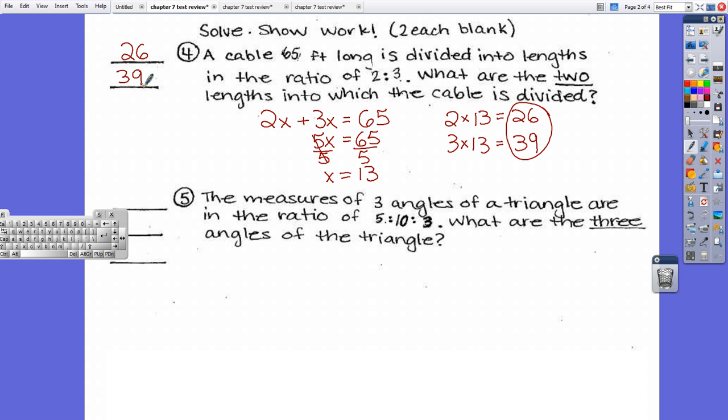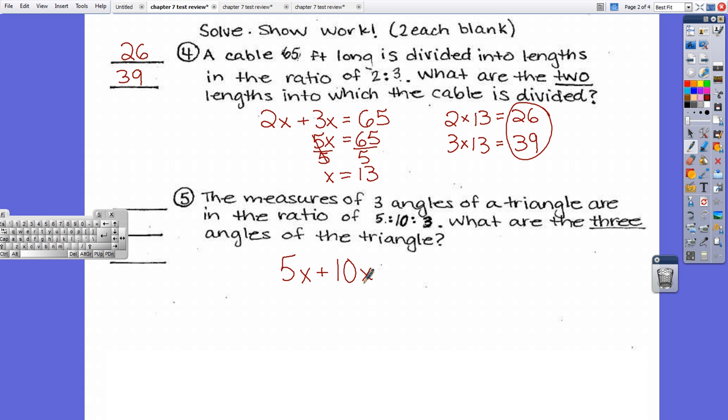Number 5. The measures of 3 angles of a triangle are in the ratio of 5 to 10 to 3. What are the 3 angles of the triangle? Notice here it didn't give me a number to add them up to, but we know that they're angles and we know that they're in a triangle. So I have 5x plus 10x plus 3x.